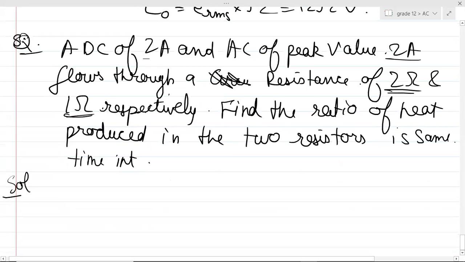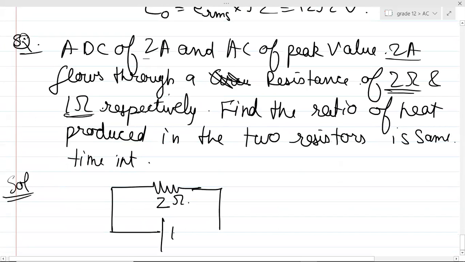Always remember, if you are not clear about the question, always try to draw the diagram. This is a 2 ohm resistor, and through this 2 ohm resistor we are flowing a current of 2 ampere, DC.